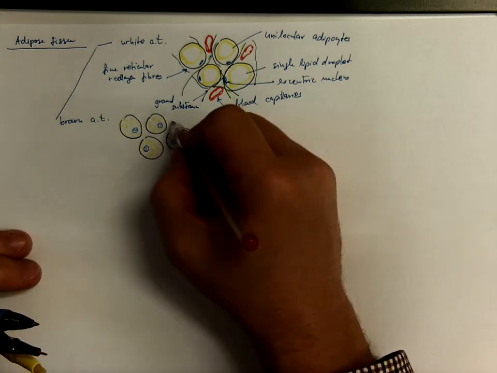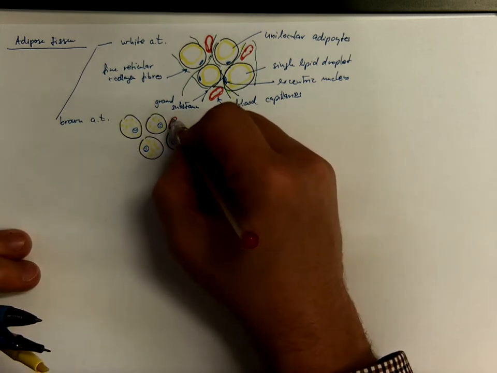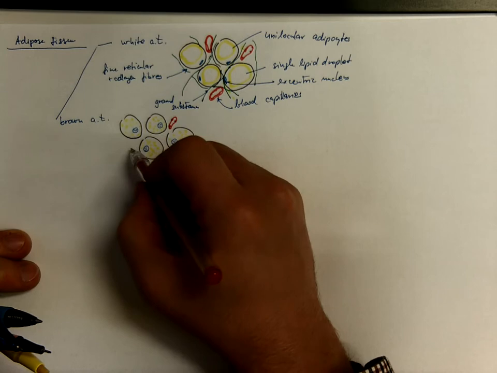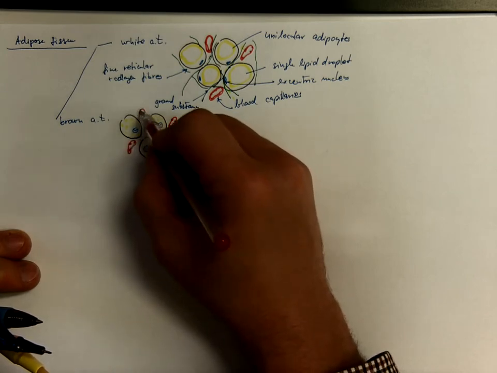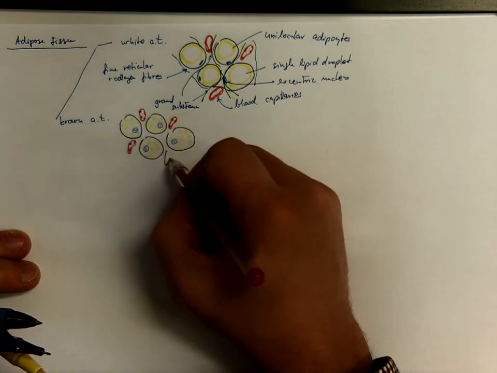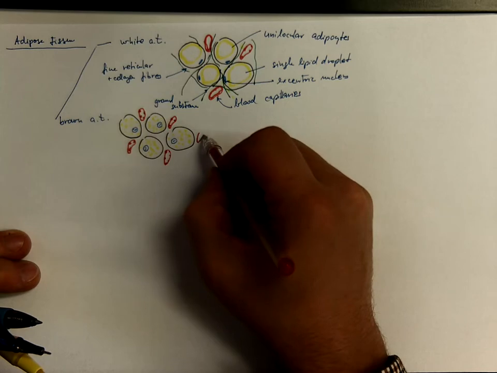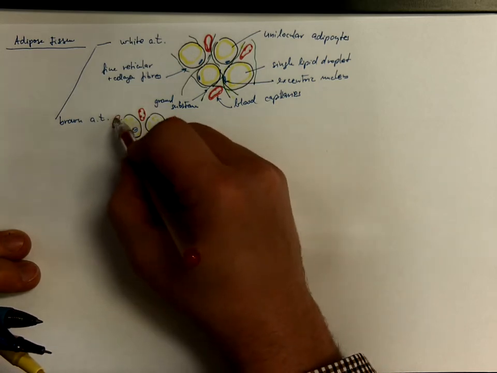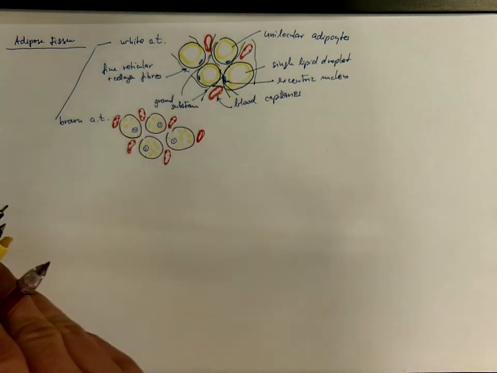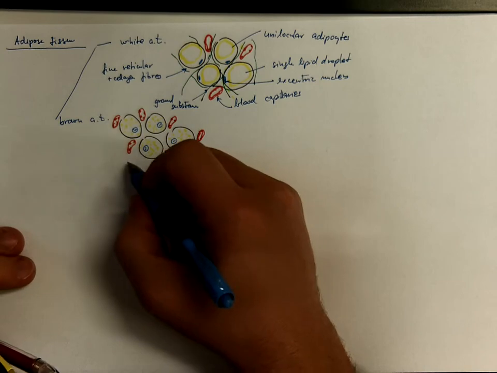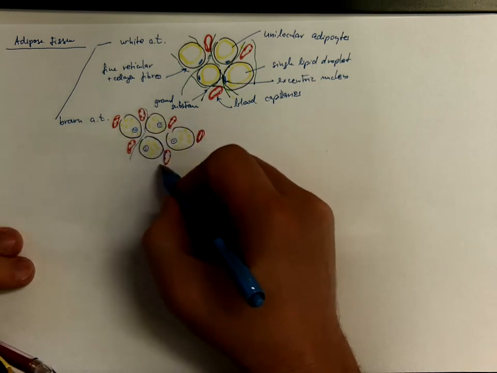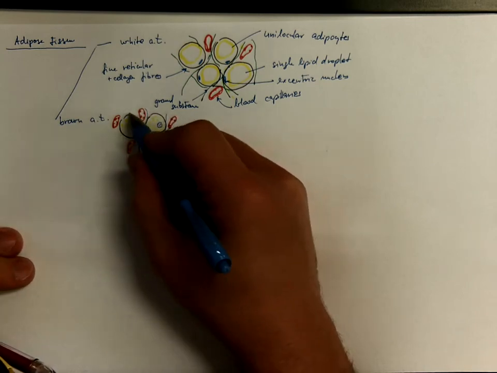The vascular bed of brown adipose tissue is even more dense than in white adipose tissue, so both types of tissue have a high metabolic rate, but brown adipose tissue has more vessels. Again, there are these supporting collagen and reticular fibers.